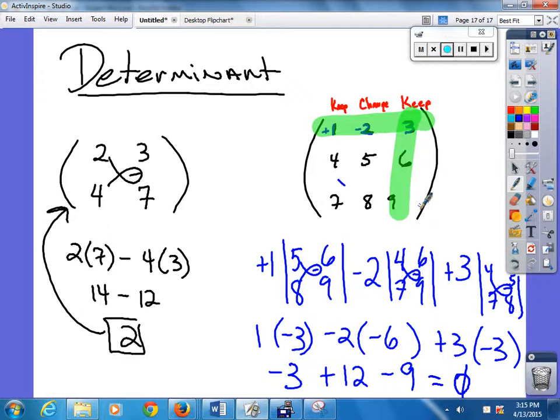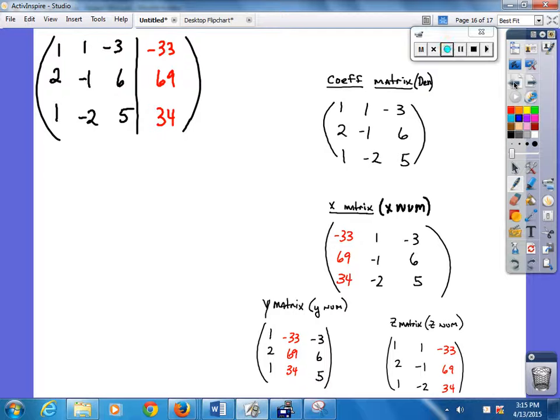So, with that, let's go back to the previous page right here. And let's find this determinant right here. Okay? So, let's go over here, and I'll copy it.